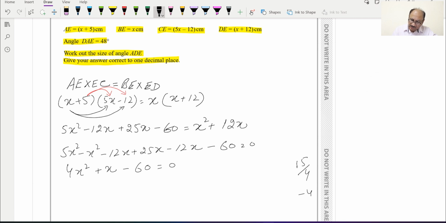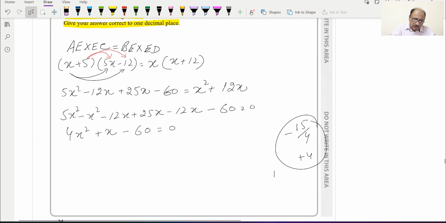We change signs and write the pair: x plus 4 in brackets, and 4x minus 15 is equal to 0.